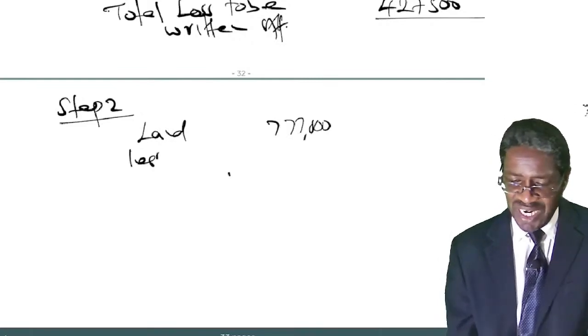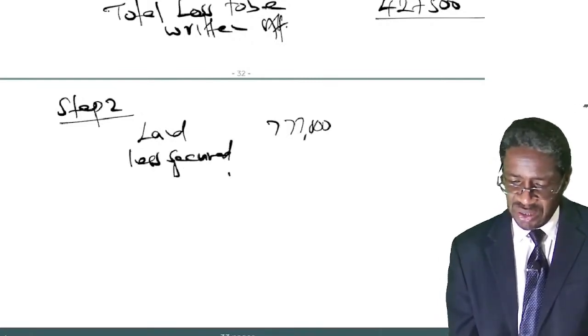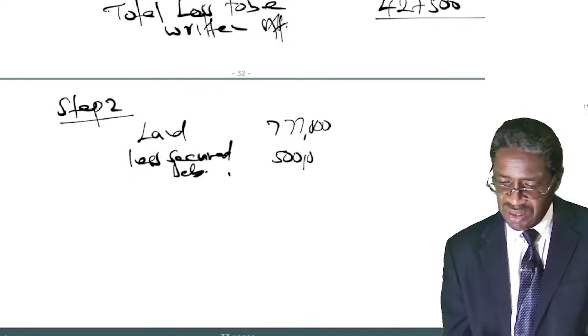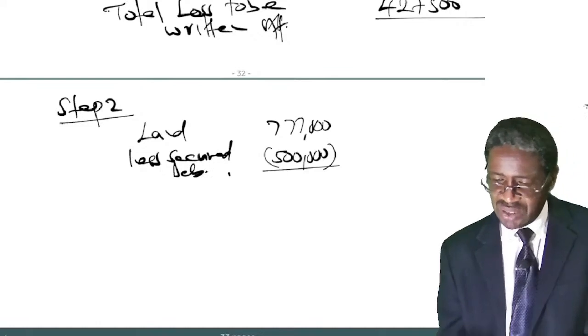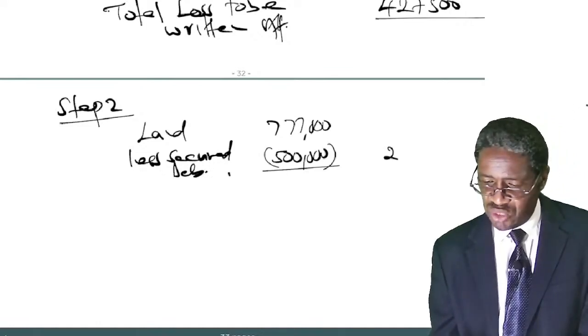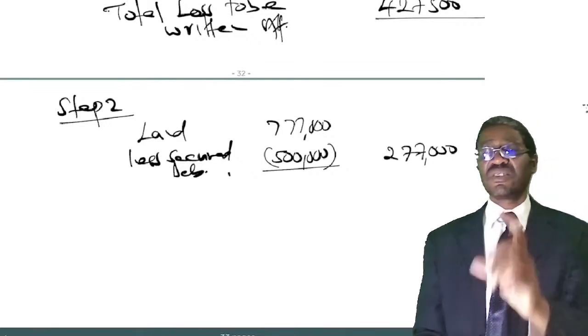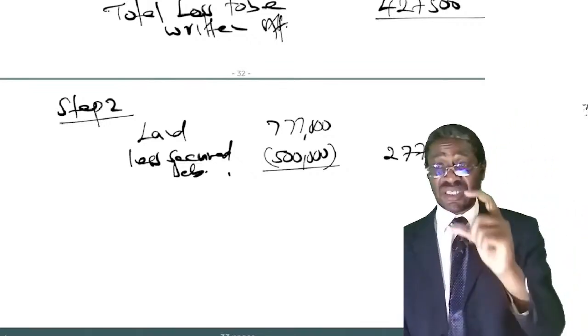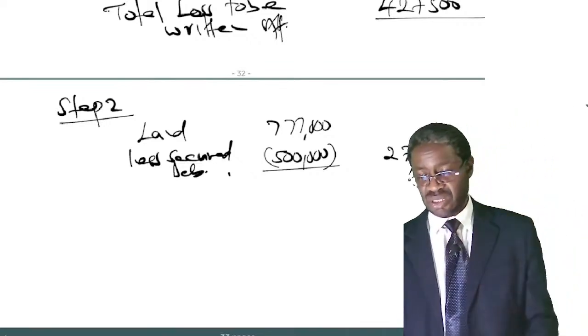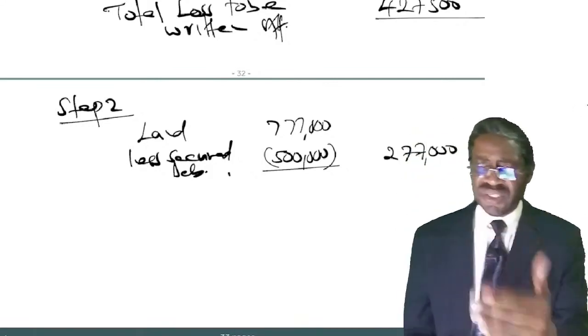Then you less secured debentures, that is 500. Then when you minus, you remain with a balance of 277. That was the only asset that was used as security. Good. Now we can list the others.